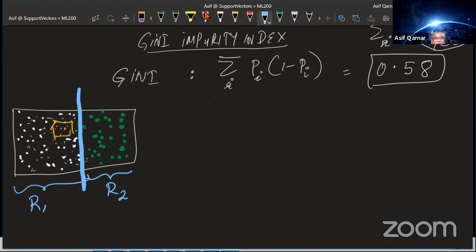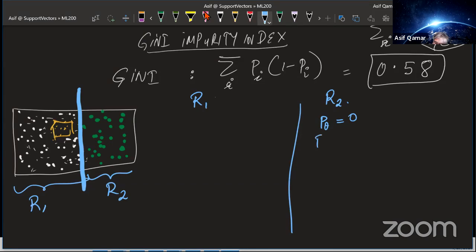You notice that R1 is not a pure region, but R2 is a pure region, isn't it? So now we'll have to do the same analysis across the two regions. We do it for R1 and R2. In R2, what is the proportion of open points? 0.